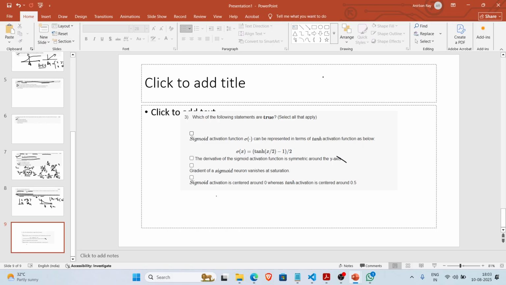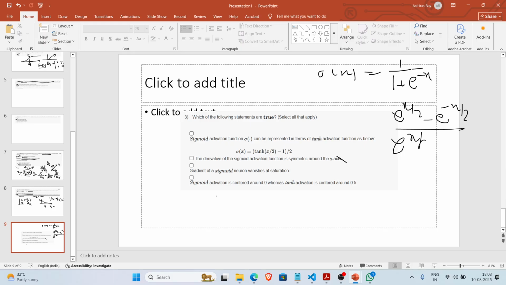Let's write what the sigmoid function is here. Sigma of x equals 1 upon 1 plus e to the power minus x. Is this the correct one? Yeah, this is what we call the sigmoid function. Now this is tan hyperbolic. So what is tan hyperbolic? tanh of x by 2 equals e to the power x by 2 minus e to the power minus x by 2, over e to the power x by 2 plus e to the power minus x by 2.